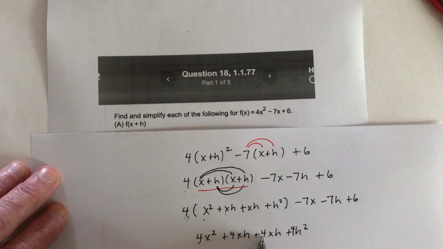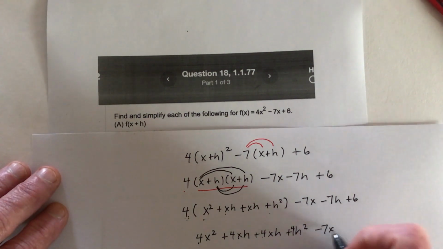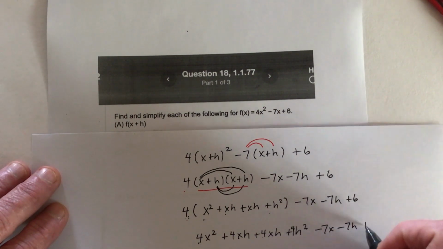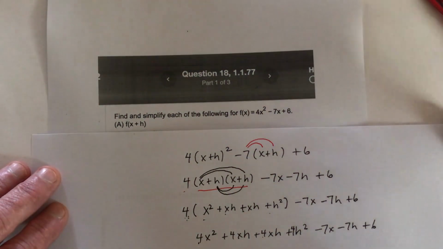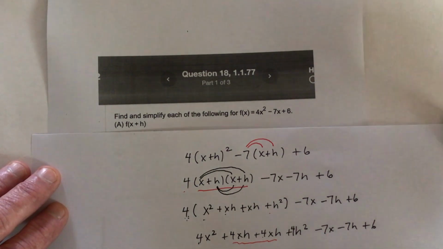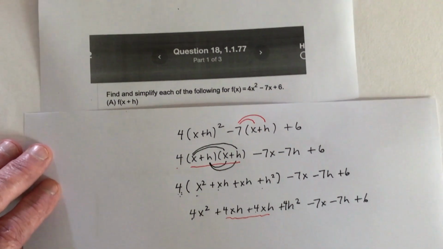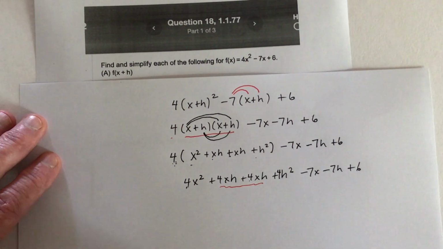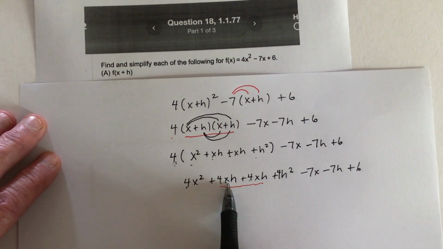So I distributed the 4, and then again, just copy this part down. And then we have to see if anything can cancel or be simplified. Well, my little red pen says these two both say xh, so they can be combined. These two can be combined, so that's going to be 4 plus 4. It's going to be 8xh.